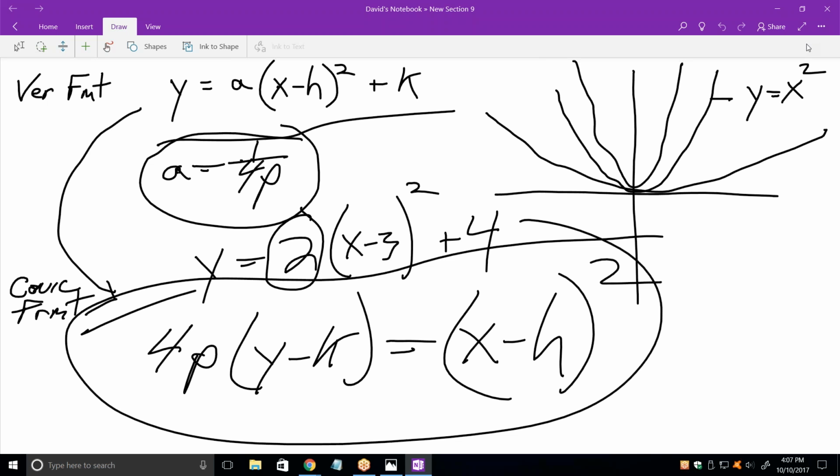And the advantage of conic format is p is very valuable. p is the focus. And when you're looking at a parabola, where the focus is located is extremely important.